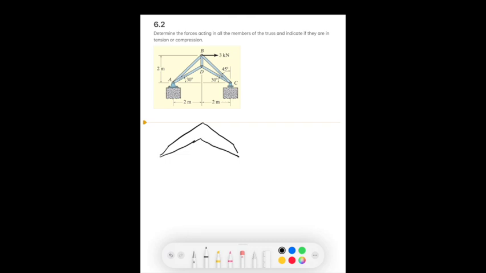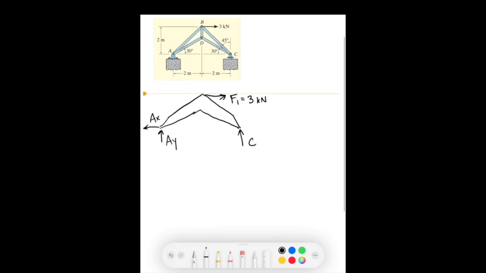Basically, think of the truss as a rigid body, and we'll just look at the external forces. I'll call that F1 with 3 kilonewtons, and we'll look at the reactions here. This is a roller, so only perpendicular. We'll call that force C, and we have a pin at A. We'll call that AX and AY. We start by solving our equations in the x direction.